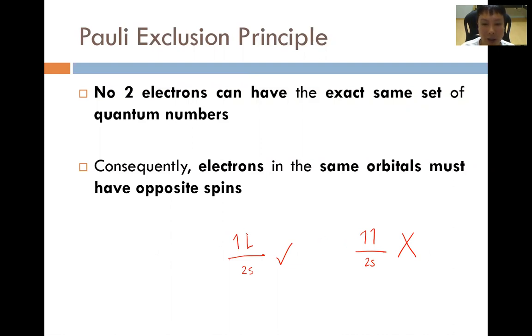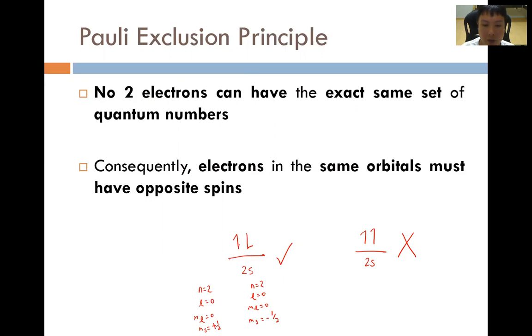Okay, as an example, I'm just going to show this. For this up electron, you can say that n equals 2 because the principal quantum number is 2. The l equals 0 because it's the s orbital, and the ml equals 0, but the ms will be equal to plus half. For this spin down electron, everything is the same: n equals 2, l equals 0, ml equals 0, and the ms is equal to minus half.